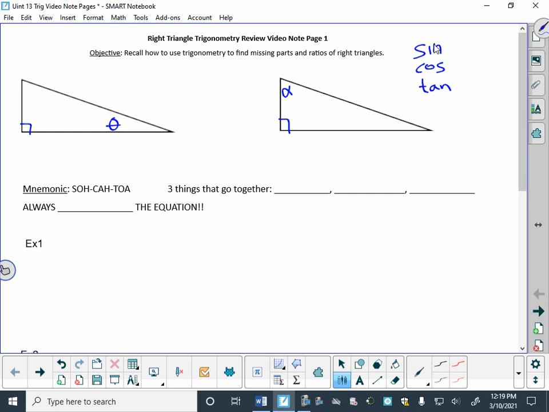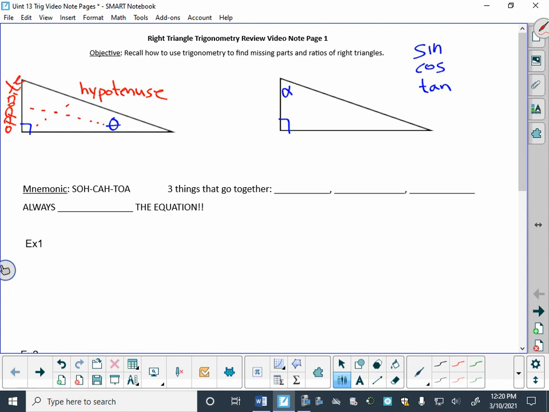And so in this triangle over here, where we have theta labeled, what I will usually do is find that right angle, and across from the right angle, that is always where the hypotenuse lives. So I get that labeled right off the bat. And then I go all the way across the triangle from the angle that we're talking about, and that is where the opposite side lives.